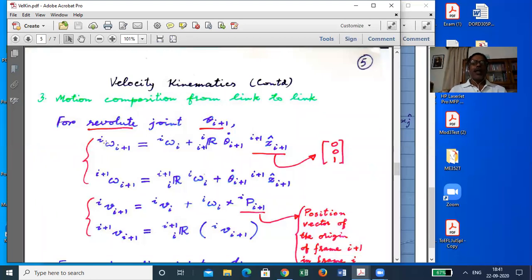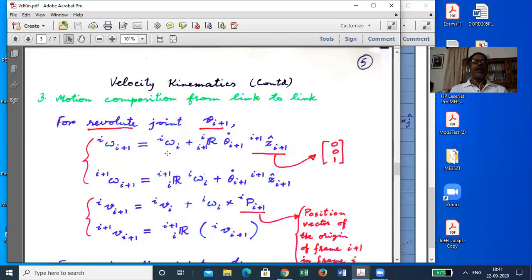Okay, so I omega I plus 1, that means the angular velocity of frame I plus 1 in I. So see, we are using here all small letters, small omega, small v on the left hand side, and that means we are talking about their actual linear and angular velocities, absolute.